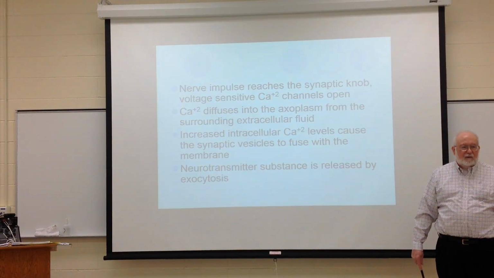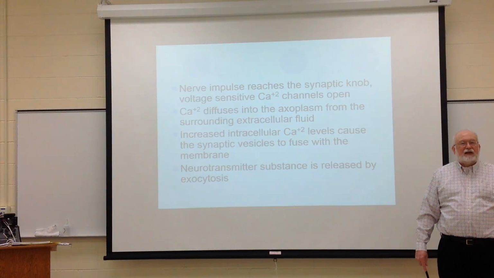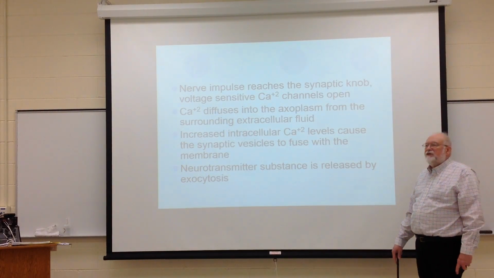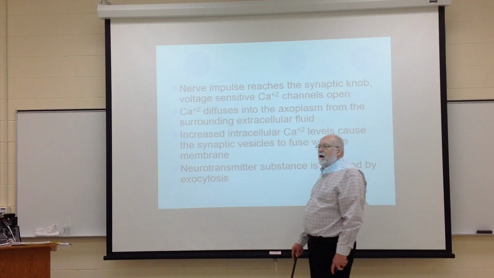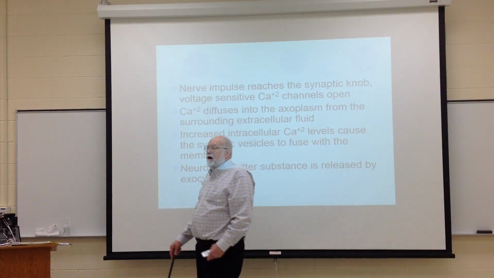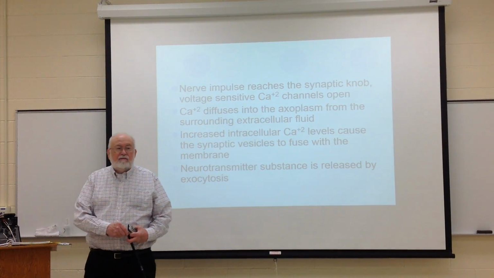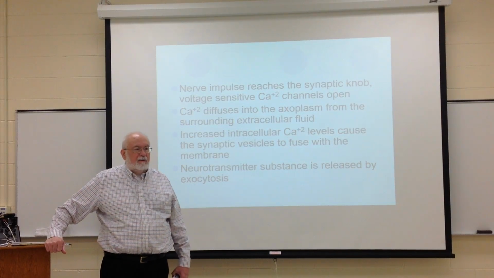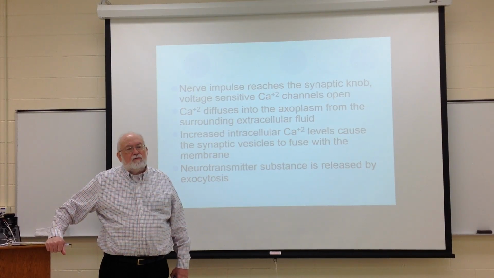Now, where does it go? Well, remember now, there's a little gap between the synaptic knob and the surface of the membrane of that postsynaptic neuron. Remember what that was called when we were looking at the gap between the synaptic knob and the motor end plate part of the muscle cell membrane?